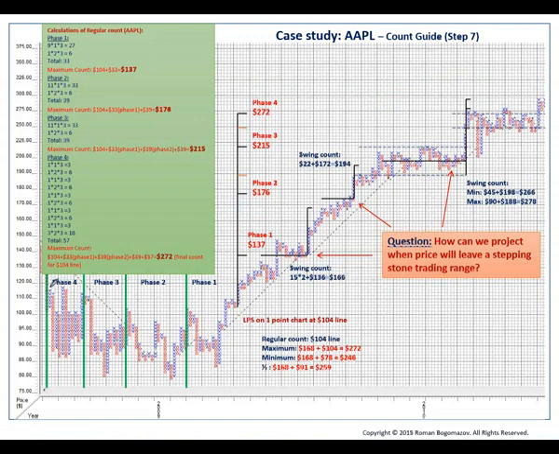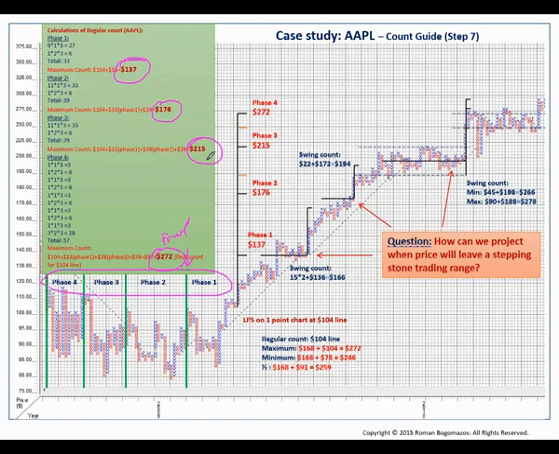We see that we have 4 phases, and our assumption is that at the end of each phase, of each count, and we have the counts here, and this is the final count right here, when the price reaches this objective, or is close to that objective, there might be some kind of stopping action.